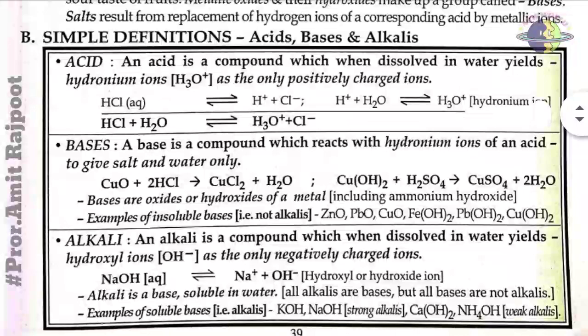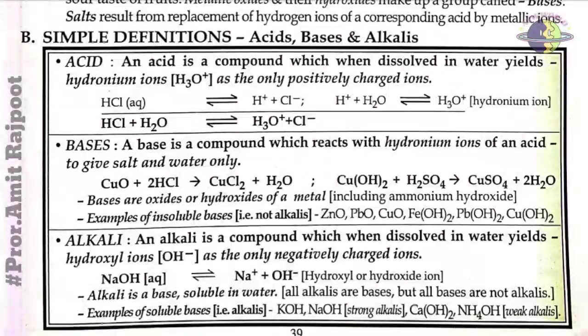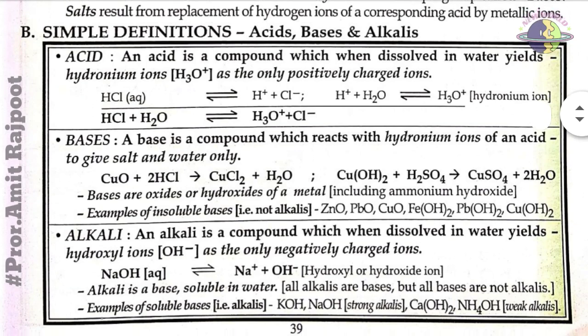An alkali is a compound which, when dissolved in water, yields hydroxyl ions. See, an acid when dissolved in water yields hydronium ions, but alkalis are compounds which when dissolved in water yield hydroxyl ions, meaning OH- ions. For example, NaOH gives a reversible reaction to form Na+ and OH-, and OH- is the hydroxyl ion seen over here.